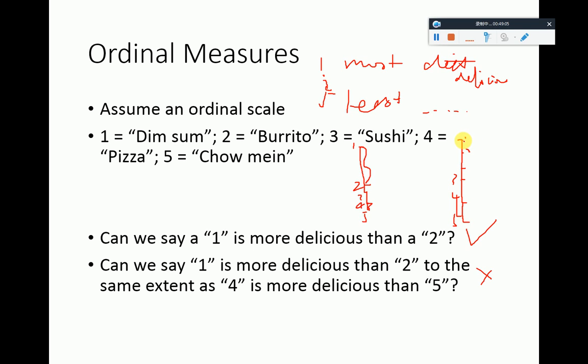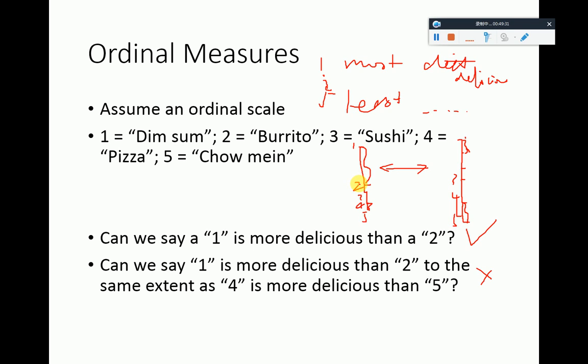This time the difference between 1 and 2 is much smaller than the difference between 4 and 5. In other words, both are valid ordinal scales.